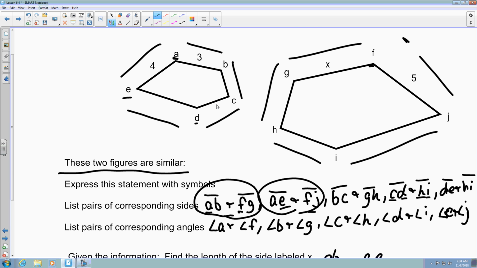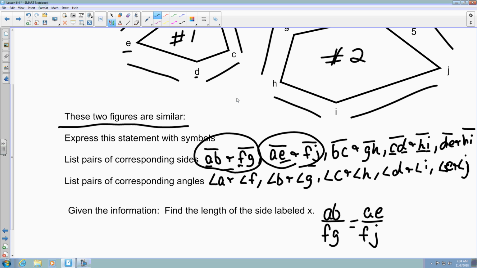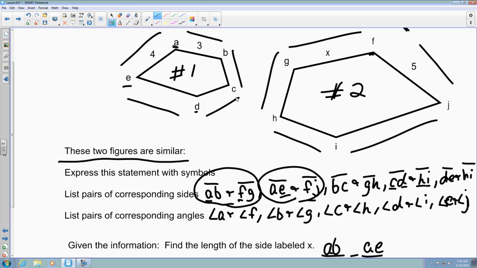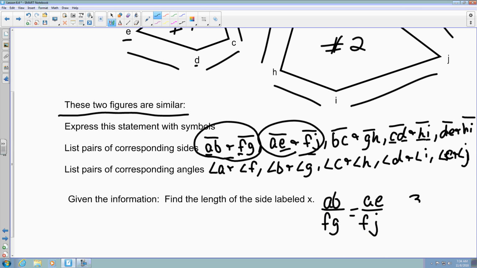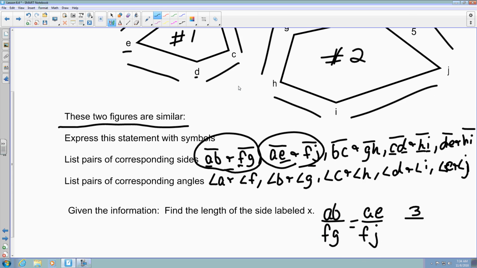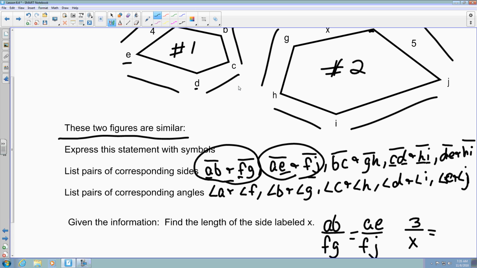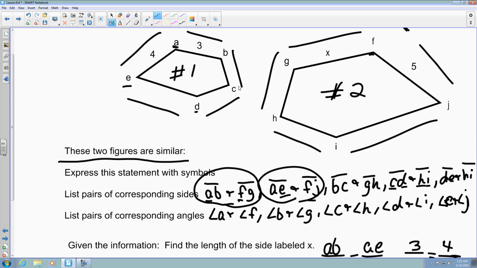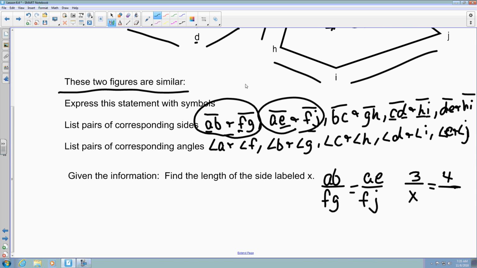And you have to be consistent with the labeling. So we'll call this figure number 1, we'll call this figure number 2. All of the side lengths for number 1 are on the top. All of the side lengths for shape number 2 are on the bottom. And then it's just a matter of placing the values where they're located. So AB was 3, so I put 3 over FG, which is X, is going to be equal to AE, which is 4, over FJ, which is 5.